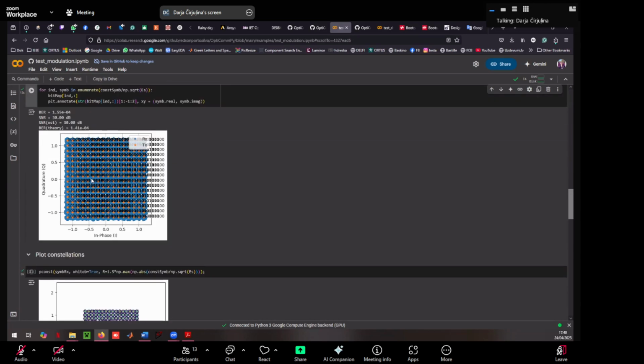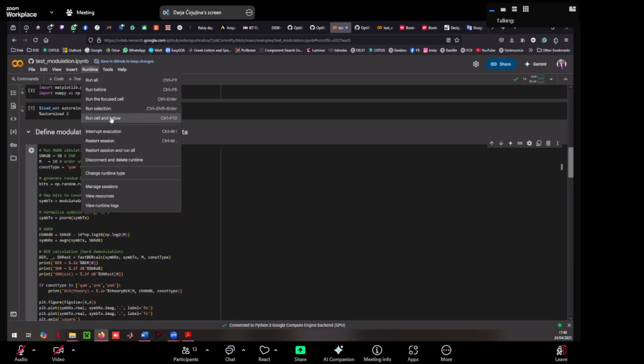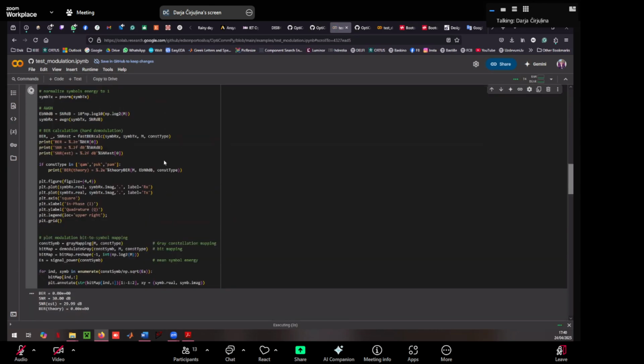And this code shows, of course, let's try a different modulation, 16 QAM. It will be a bit easier to see.